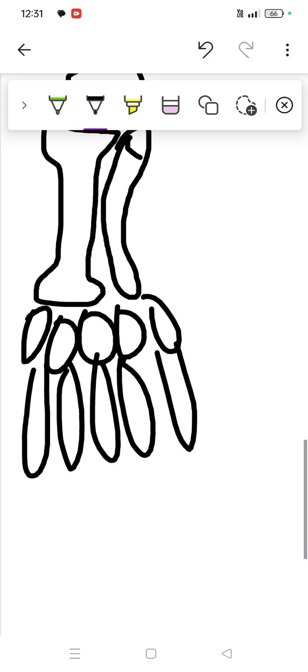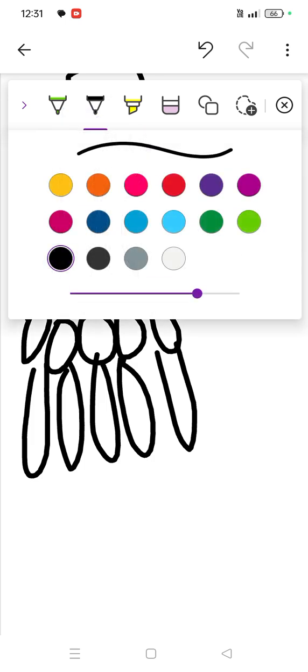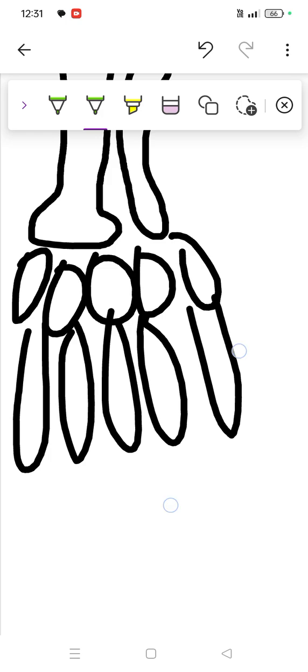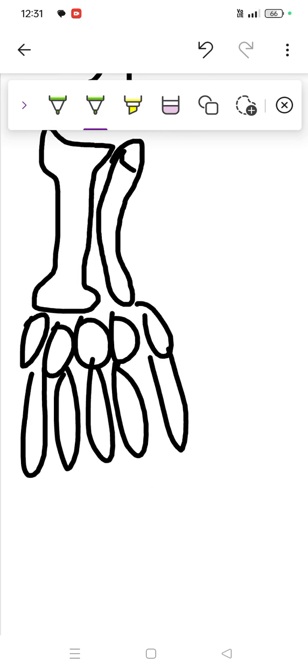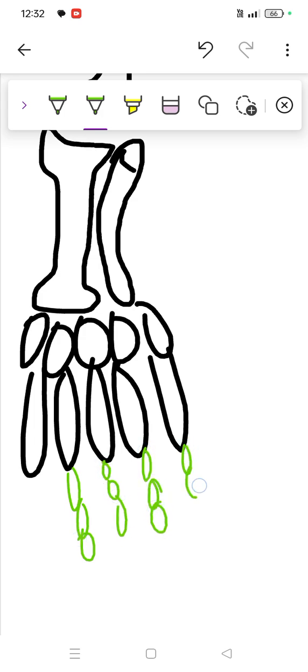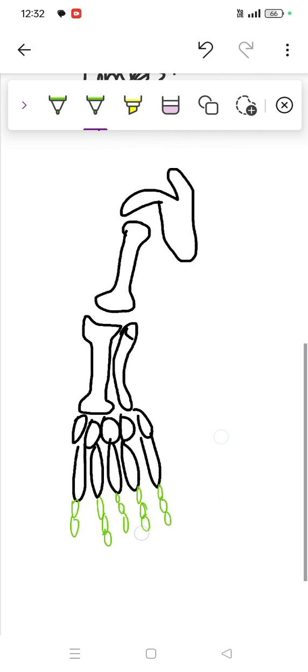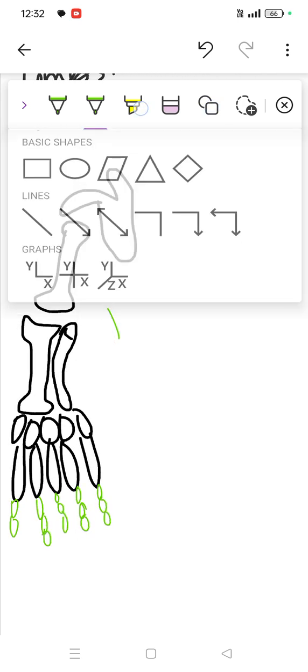Here we have phalanges, which you might have seen in our hand. We have three small structures, and in the thumb we have only two, right? Let's label it. This is basically our entire diagram.